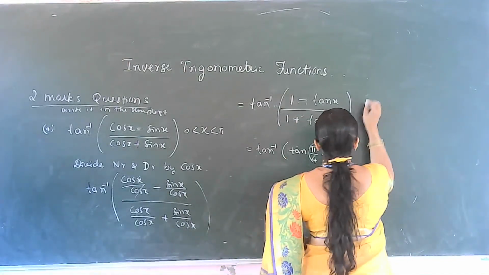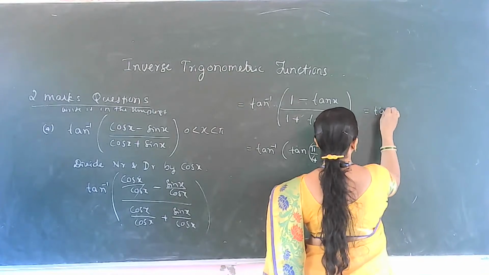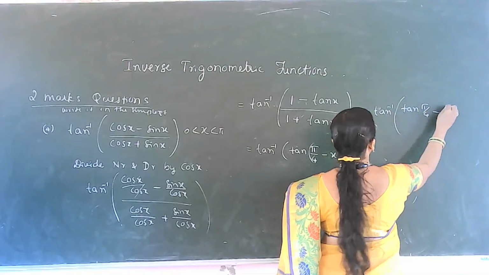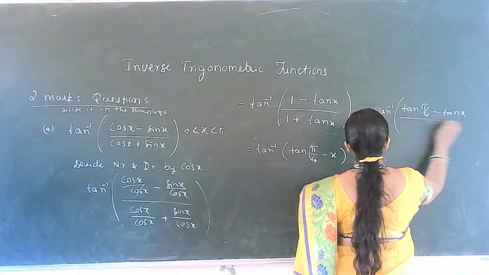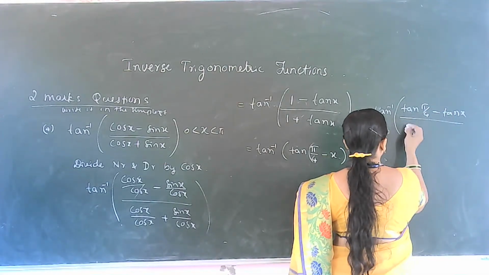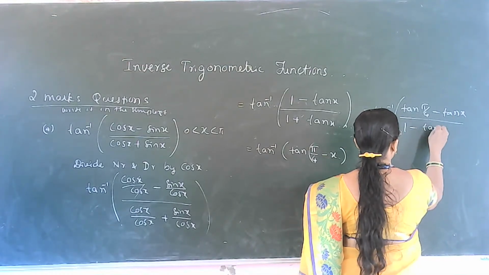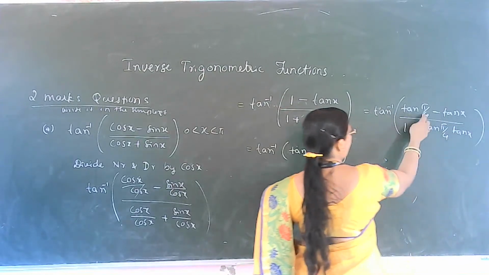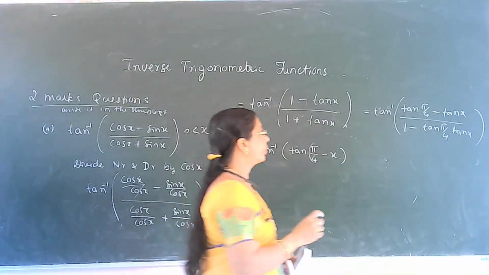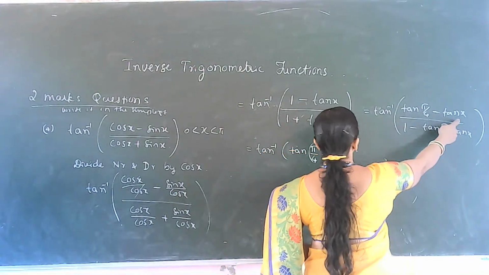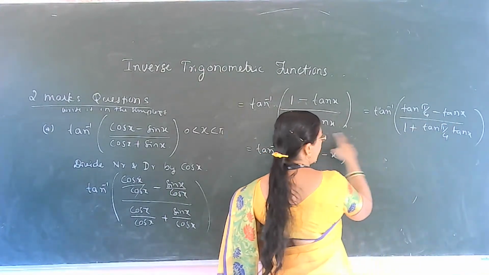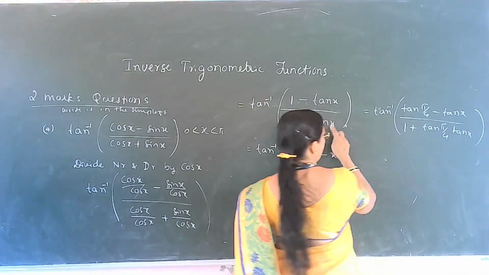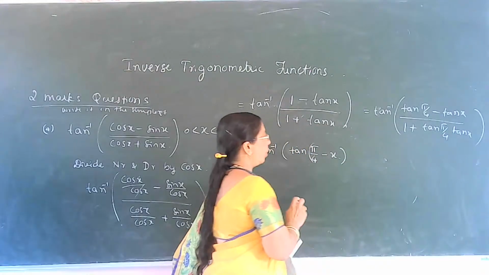Because here we write it as tan inverse of tan 5 by 4 minus tan x divided by 1 plus tan 5 by 4 into tan x. Tan 5 by 4 value is 1, and tan x minus tan x, then here 1 plus tan 5 by 4, which is 1, into tan x.